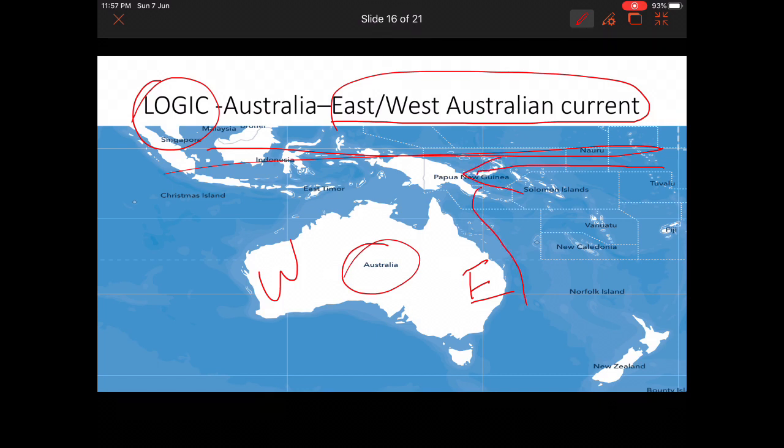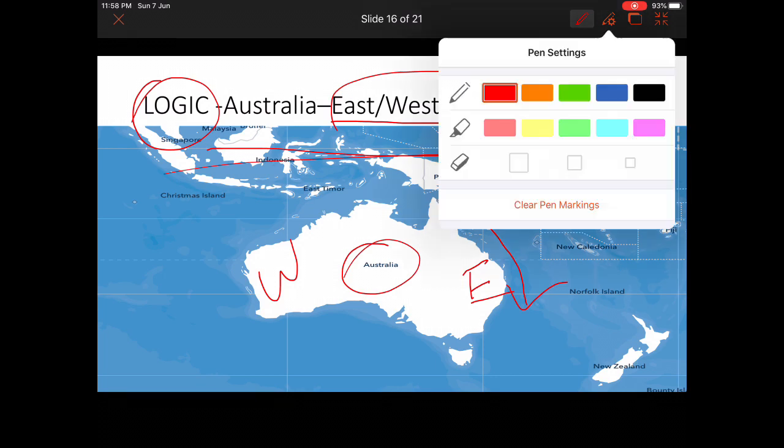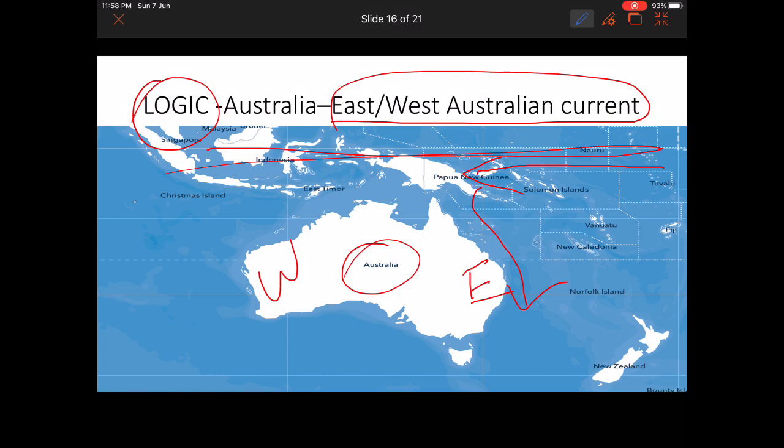And it comes down, which is called East Australian current. So East Australian current would be a warm current, pakka, there is no change in that. Okay, and regarding the West Australian current, you can see from the west Indian drift, from the Indian Ocean current, it comes up like this. Okay, and here you can see West Australian current, which will be a cold current because it comes from the poles. So whenever the UPSC asks about East Australian current or West Australian current, don't get confused, just think about this logic, you will get it correct.